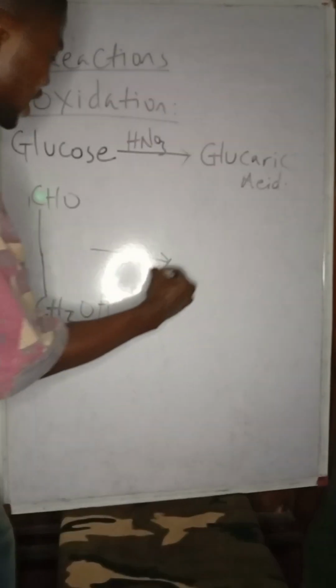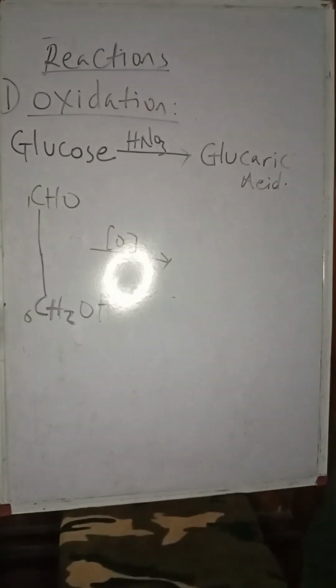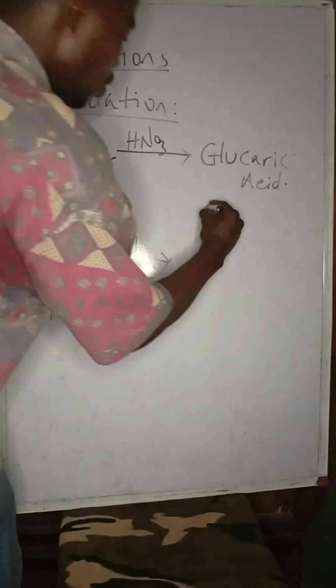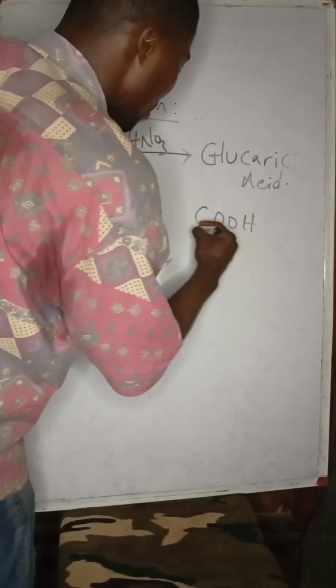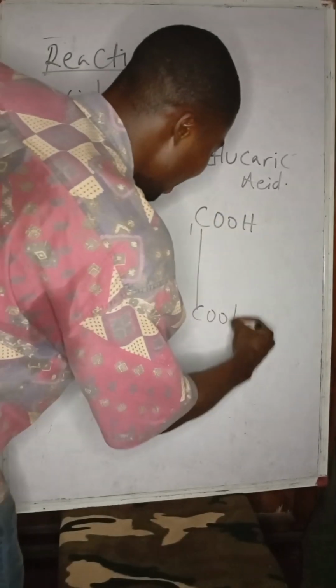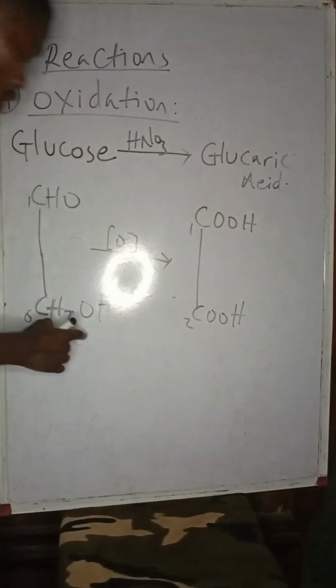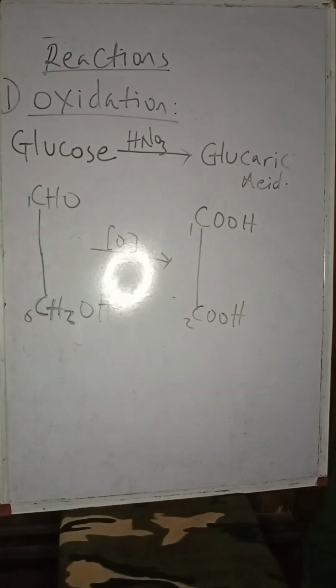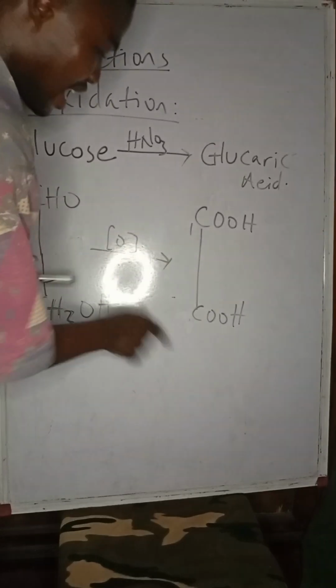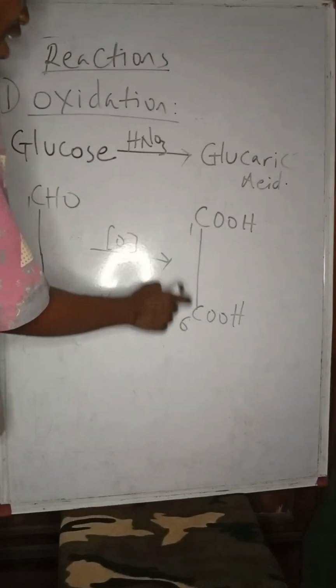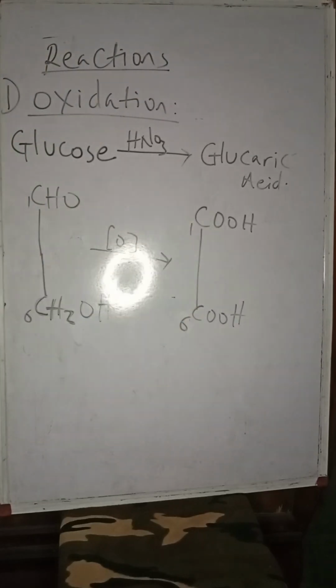So if I oxidize with concentrated HNO3, I am going to observe that both carbon 1 and carbon 6 will be oxidized. So I will have COOH at carbon 1 and COOH at carbon 6, because the alcohol groups can be oxidized to aldehydes and later to carboxylic acids. So when glucose is oxidized to glucaric acid, you form a dicarboxylic acid at carbon 1 and carbon 6.